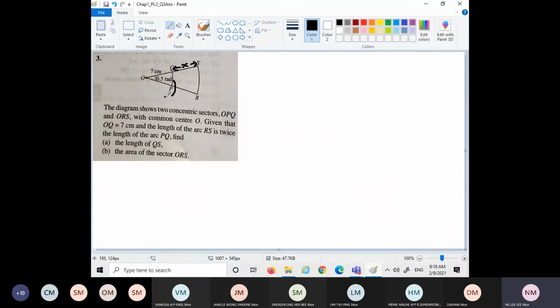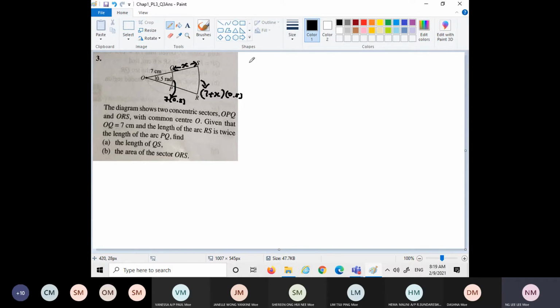R is 7, theta is 0.5. Then how about this arc length? R is now the whole thing, so 7 plus X. But theta is the same, 0.5. This is twice of this.